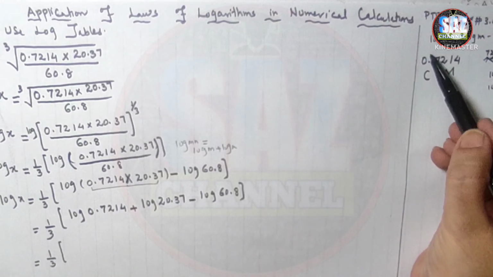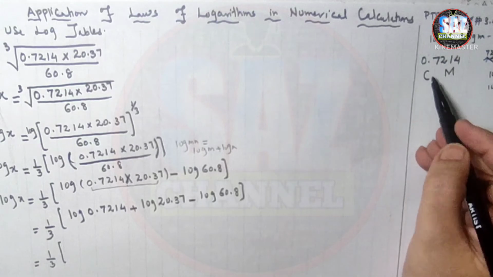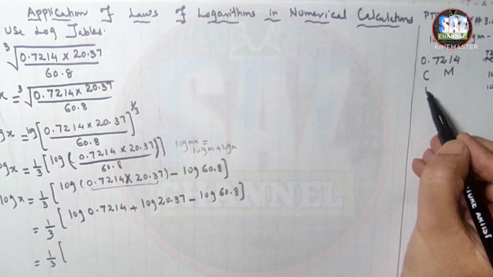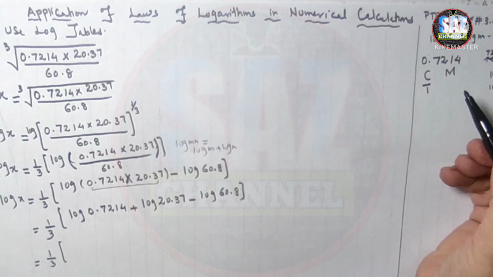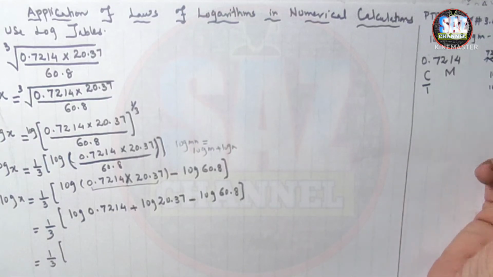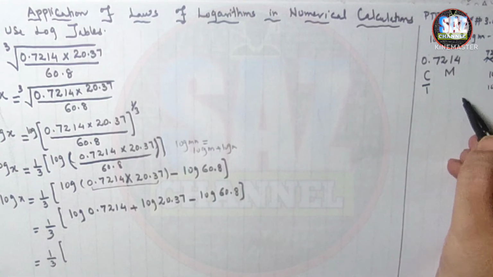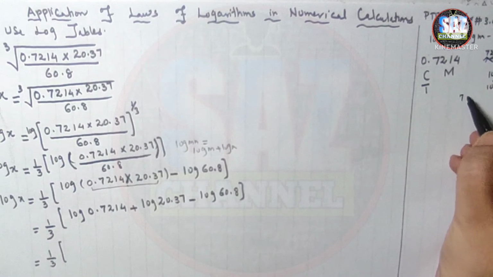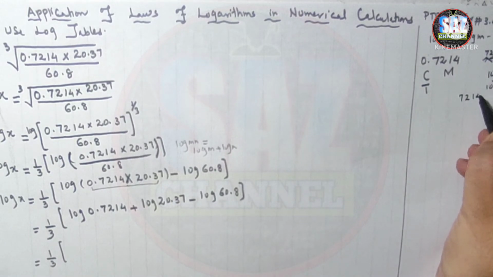As we are having no 0 here, so the characteristic will be minus 1. And for mantissa purpose, I have to take 4 significant figures, that is 72 and 1 4.